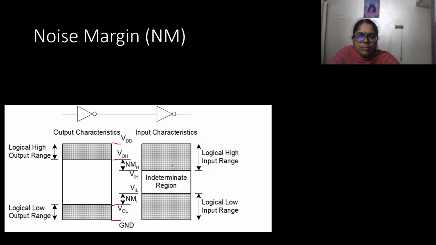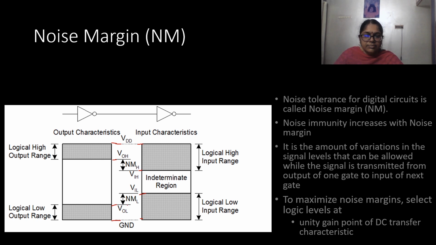Similarly, you can see the input characteristic here. Input, we have 0 to VIL, that is considered as logic 0, and VIH to VDD is considered as logic 1. So in this case, the high noise margin nMH will be equal to VOH minus VIH, and nML, the low noise margin, that is the noise margin at low signal levels, is VIL minus VOL.